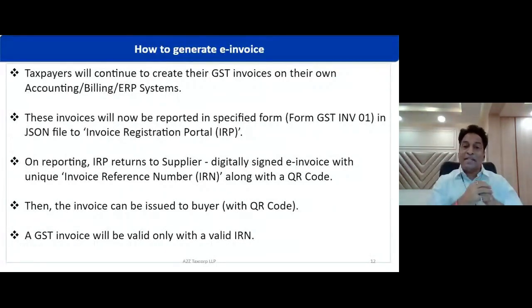Even those suppliers who are liable for generation of e-invoice can also check their status on this dedicated IRP by putting in their GST number, to see whether generation of e-invoice is enabled on that portal. If it is not enabled, they must write back to the authority that they should be enabled for generation of e-invoice. It is a responsibility for both supplier and recipient.